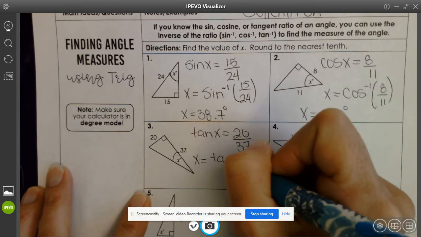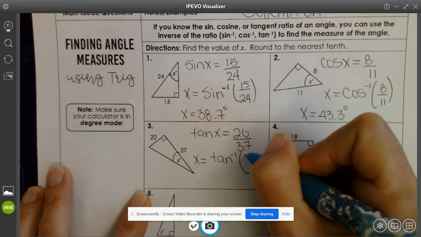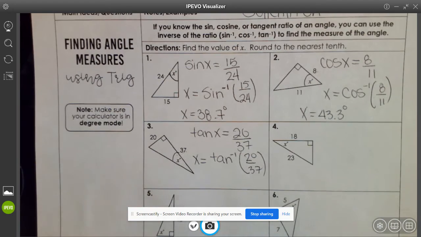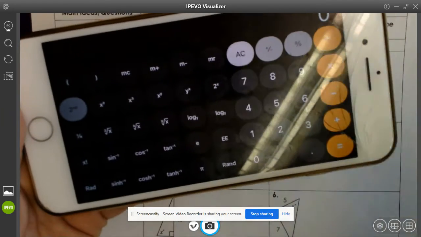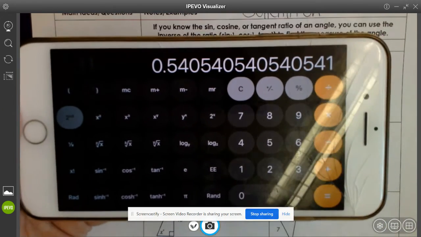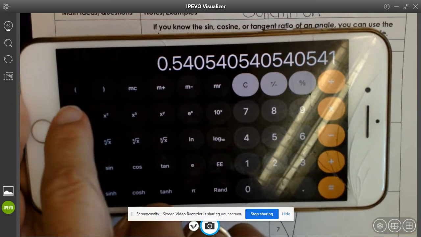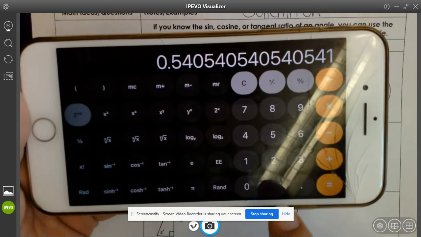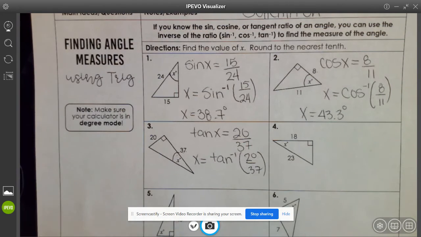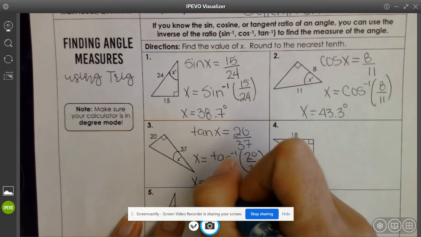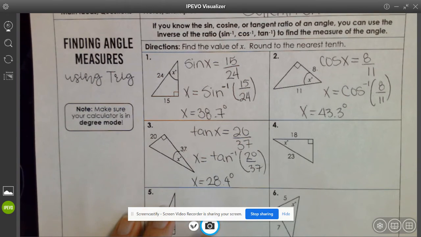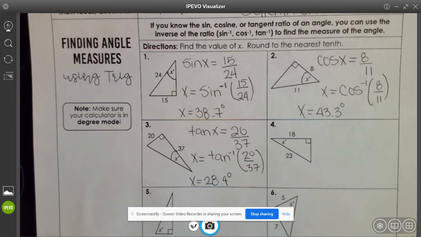X equals tangent inverse 20 over 37. So 20 divided by 37, that is that number. And then make sure the second is pressed, and then tangent inverse, 28.4. That's x equals 28.4 degrees. Okay, that little symbol for degrees.